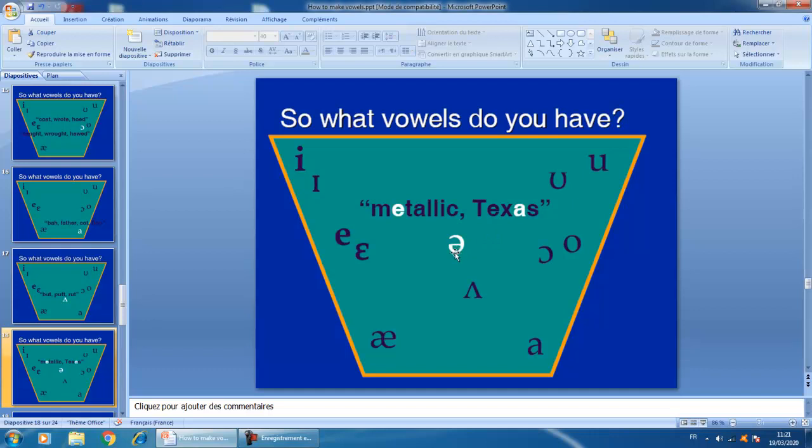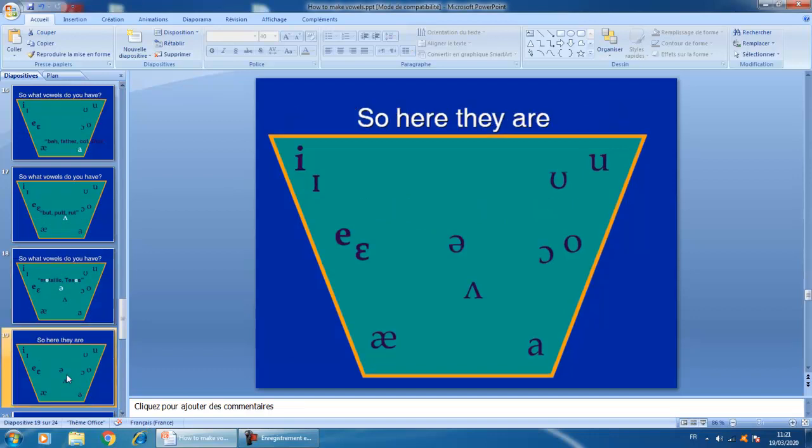This is pronounced metallic, Texas. Okay? So, roughly speaking, this is the figure containing the English vowels. Just remember them, and remember the examples of words showing us the pronunciation of each of them.